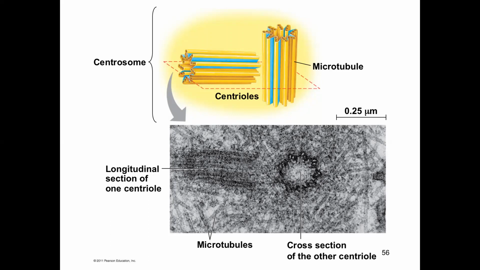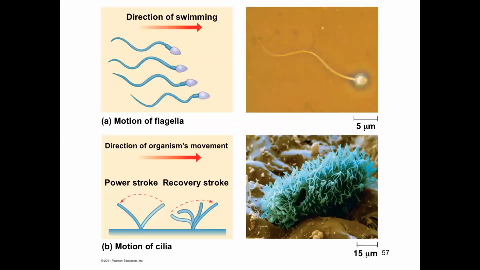Now, the reason I'm bringing that up is because we're going to talk about cilia and flagella right now, but there is tubulin in the middle of the flagellum and in the cilia, all right? So a flagellum is, like you see in sperm, that tail, right? So it helps the cell move about, and the only example of a flagellum in the human system, of course, is sperm. We also have cilia. Bacteria are really good with cilia.